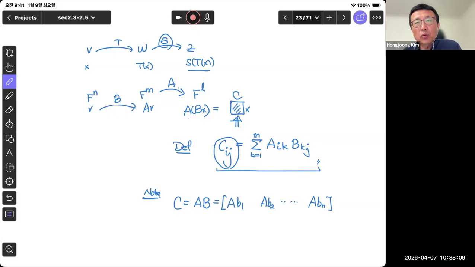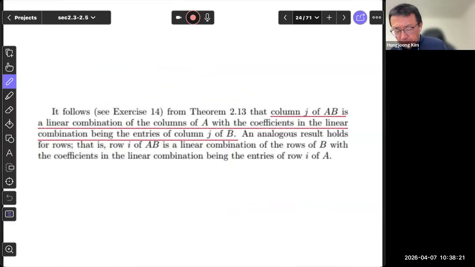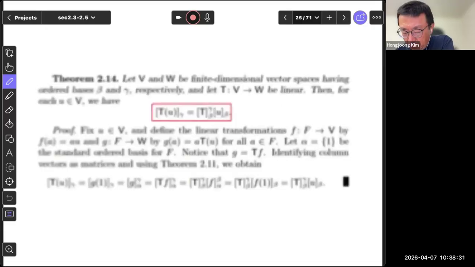The meaning was this: we want to find a single matrix representing this composite of two linear operations. As I said, column j of A times B is a linear combination, which I already mentioned.